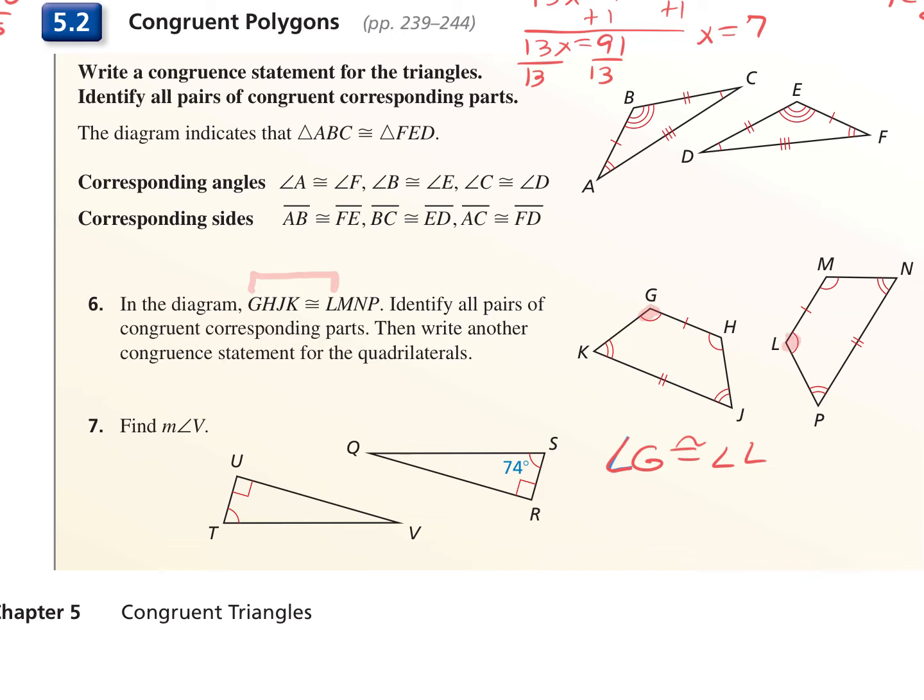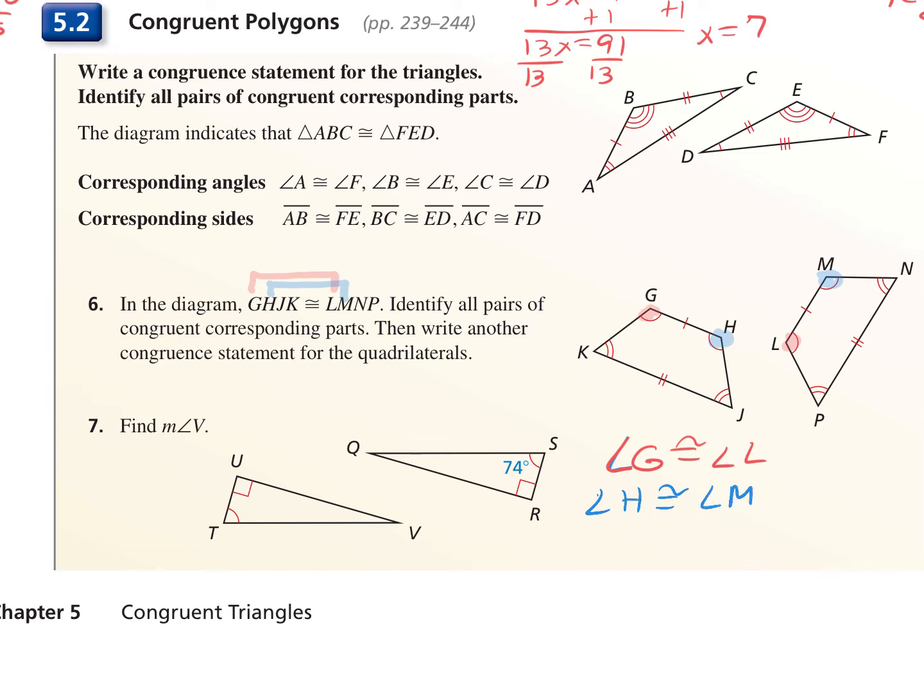Now, if you notice, M had the same marking. So this is where the congruency statement pays off. So now if I go to H, it's the second letter, and it's going to match with the second letter over here. So H and M are the match. So then I would state that angle H is congruent to angle M.